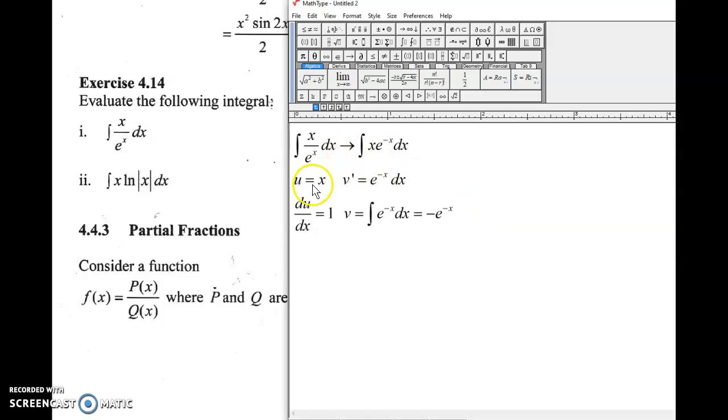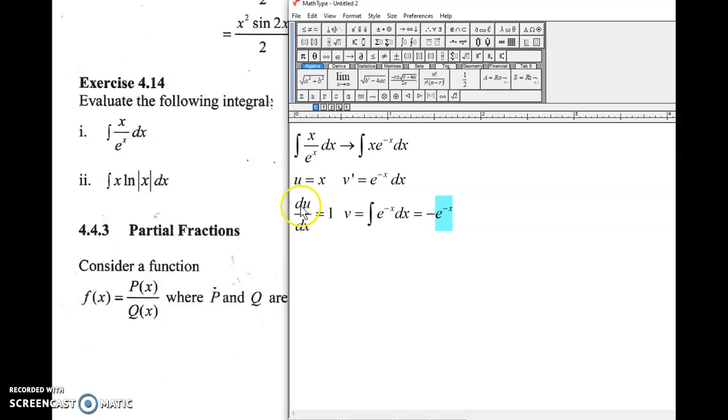So du/dx will equal 1, and from v prime to get v, of course we'll do integration. This is a simple integration, and this is the value of v.